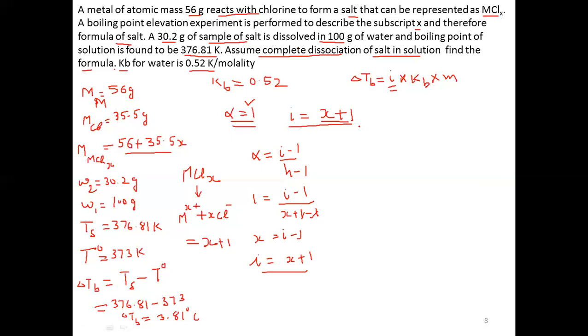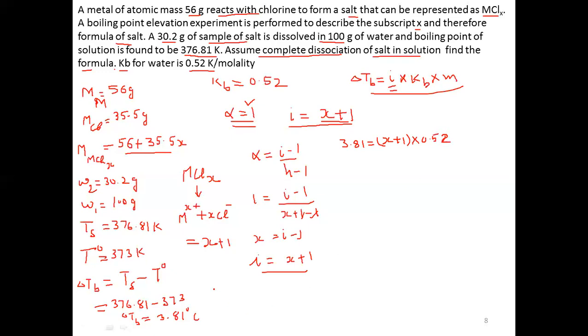Now we will simply put the values here. So delta Tb is 3.81. 3.81 is equal to iota, which is x plus 1, into Kb, which is 0.52, into molality.